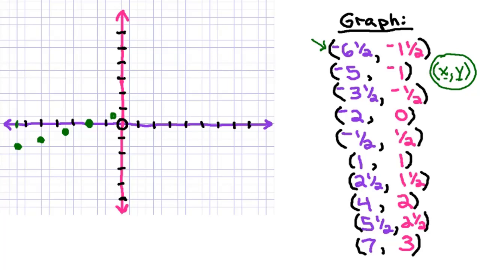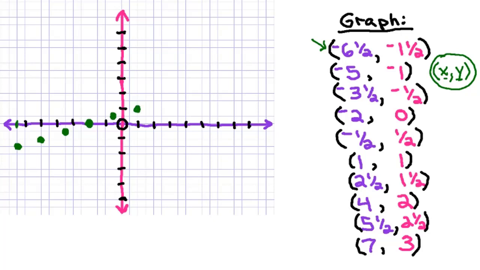So now we're in the positive side of the y-axis, but we're still on the negative side of the x-axis. Your next set of coordinates is going to be 1 and 1. So 1 is your x value, so now it's positive, so you're going to count to the right 1 mark on your x line, your purple line, your x-axis. And then you're going to go up 1 mark for your y-axis.